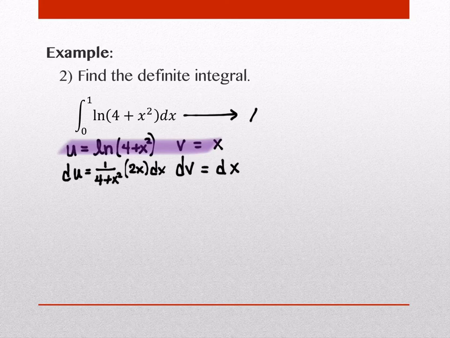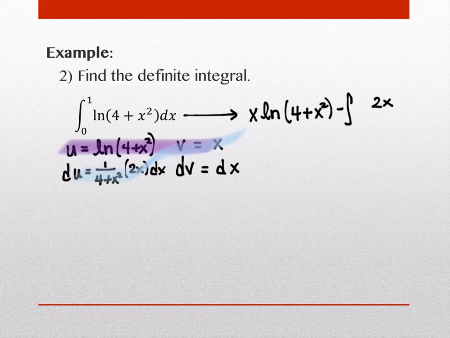So I have x times the natural log of 4 plus x squared minus the integral of v du. And if I do that piece, I have the 2x times the x, that's 2x squared, and the denominator is 4 plus x squared dx.